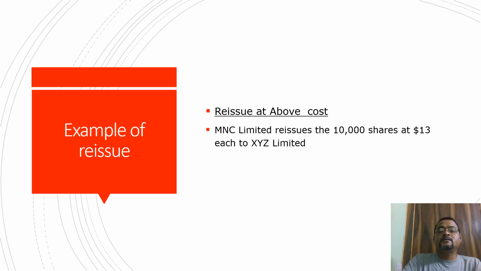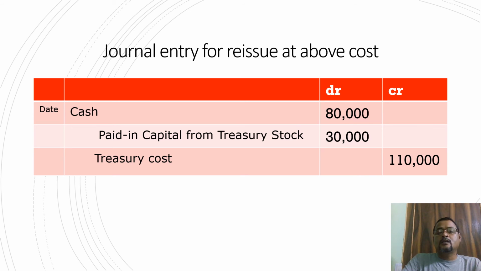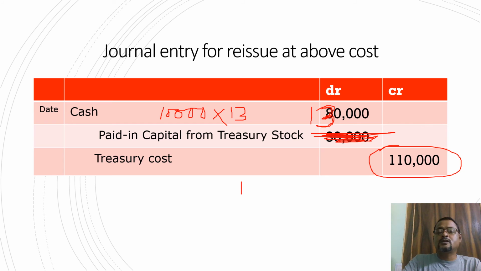Now let's go to the third portion. If it is reissued at a price above cost, purchased at 11, reissued at 13, there is a difference of 2. The company is reissuing the stock for 13, whereas it bought for 11. So the entry is, this should be 130,000, which is the cash you will receive. The company MNC Limited will receive cash, 10,000 into 13, but the treasury stock cost is 110,000 because the company purchased 10,000 stocks at 11 each, whereas it is selling for 13.